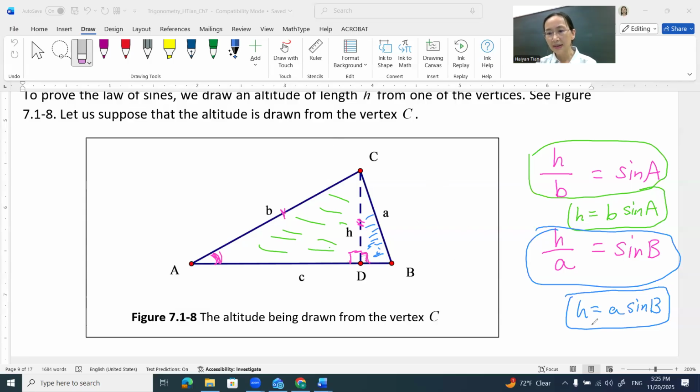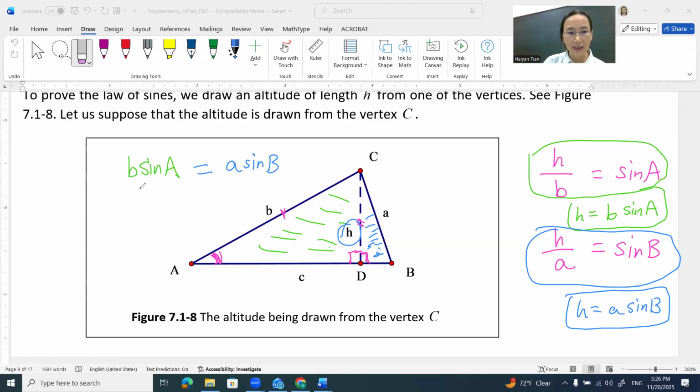One is b sine A, the other is a sine B. So let's write this: b sine A is H, and a sine B is also the same H. Then they are equal. If they're equal, what do we see?